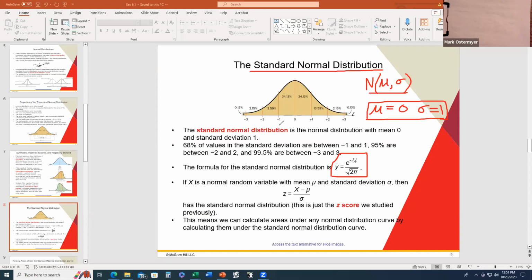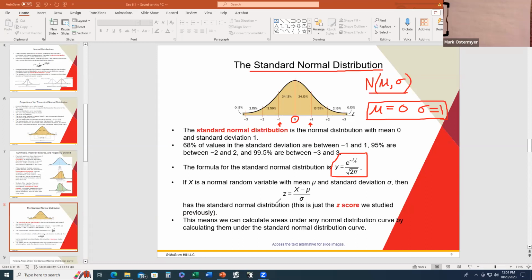The only difference now is on the horizontal axis, we just have integers representing the number of standard deviations away from 0 we are. So again, from 1 standard deviation below to 1 standard deviation above the mean, notice the mean is 0 now. It's the standard normal distribution. 68% of your data points lie. 2 standard deviations, about 95% of your data points lie. 3 standard deviations, about 99% of the area has been accounted for, or 99% of your data points have been accounted for.